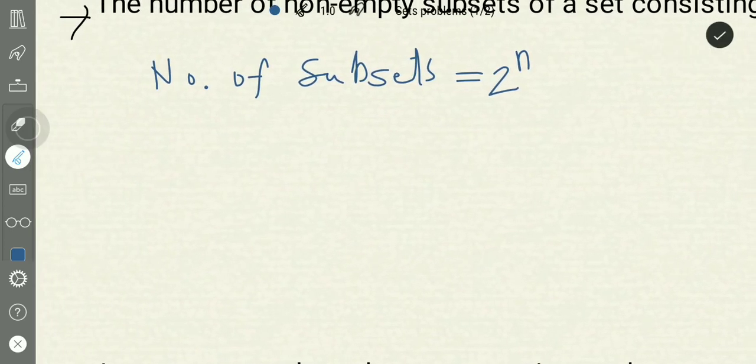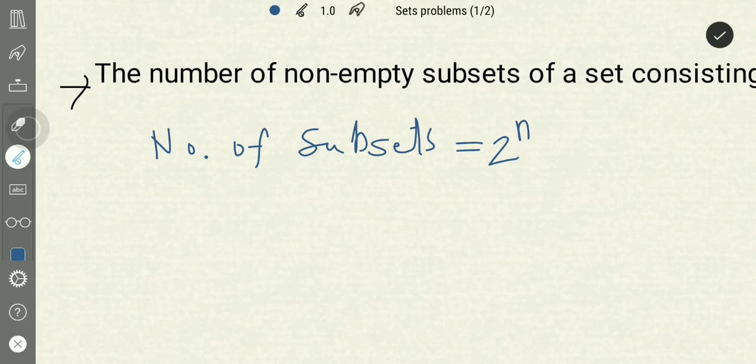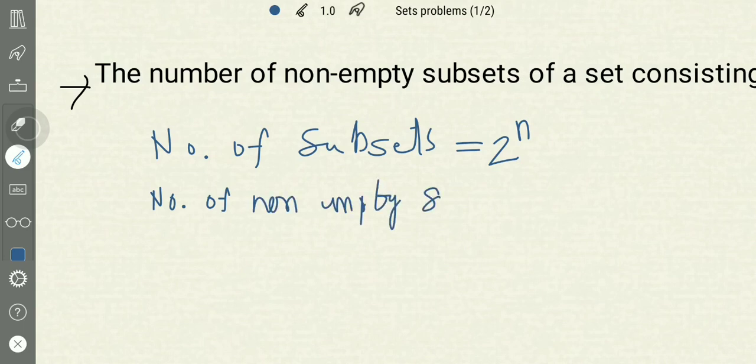Then what is the number of non-empty subsets? We should subtract one element, which is the null set. So the number of non-empty subsets is 2 power n minus 1.